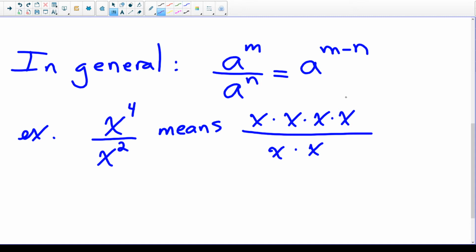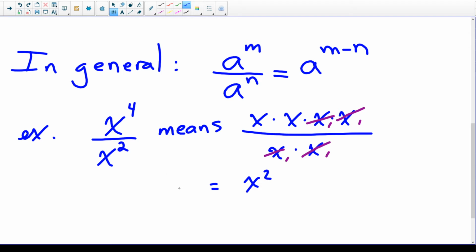Just as I showed above, as soon as you have a bunch of things multiplying at the top and a bunch of things multiplying at the bottom, any top thing can cancel out with any bottom thing. Now, x divided by x leaves a 1 behind. x divided by x leaves a 1 behind. And what we're left with is x to the power of 2.